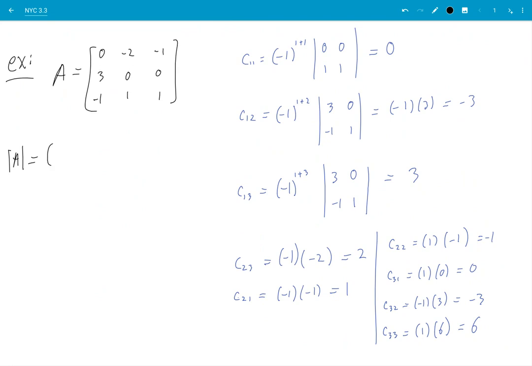So I get, let's see, minus 3 times the determinant remaining, which is negative 2 plus 1. Oh, it's actually one of these cofactors over here, isn't it? Oh, well. So we got 3.